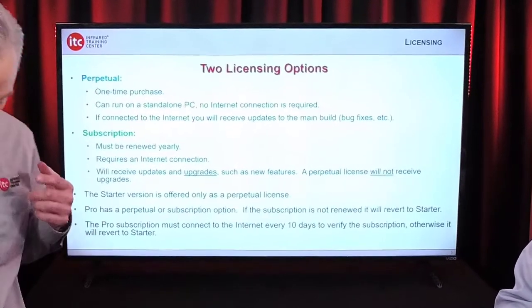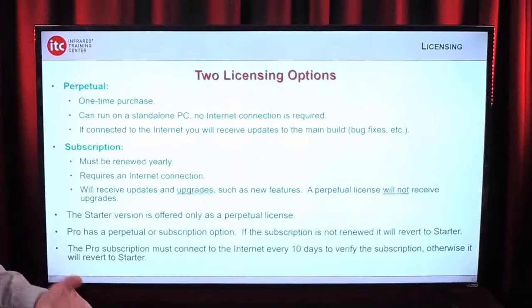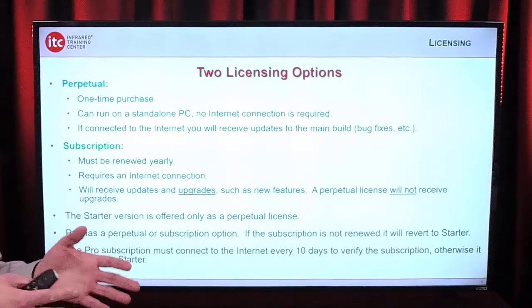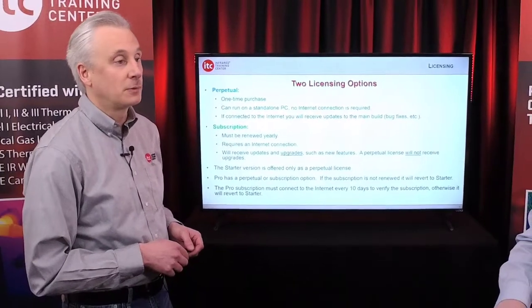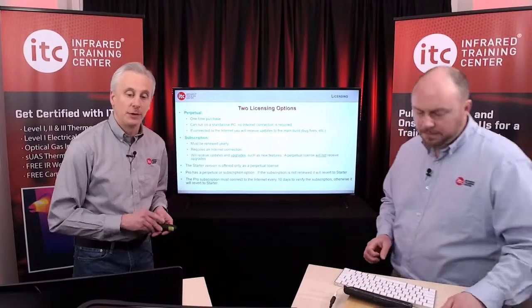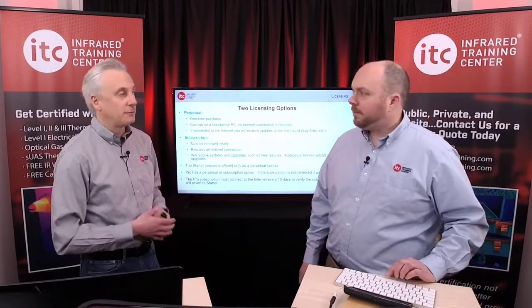Another thing too, if you don't renew your license for Pro, it will downgrade, so to speak, to Starter. So it'll still work, but you will lose the Pro features unless you re-up the subscription. Okay. So just a brief overview of some of the options there with the Starter versus the Pro.